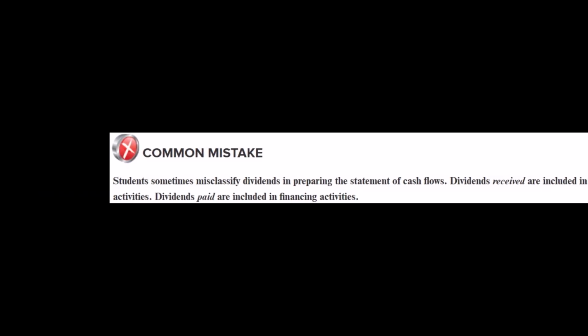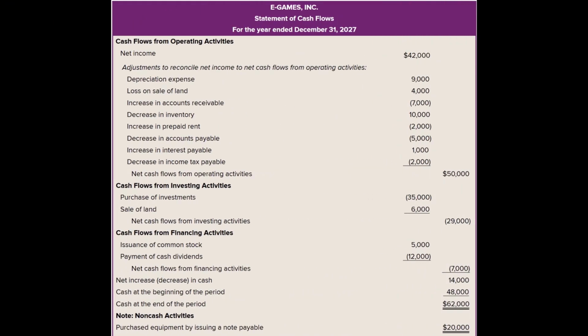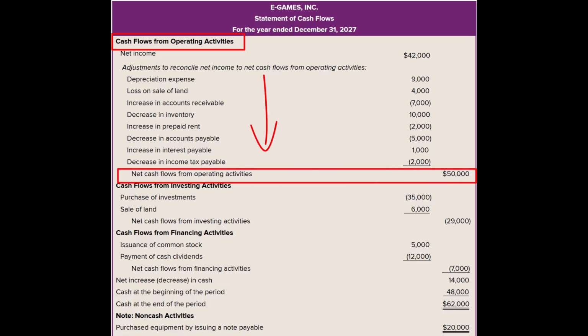Okay, let's see how this looks on a real statement. Here is the statement of cash flows for a company called eGames Incorporated. You can clearly see the three sections we just discussed. Under cash flows from operating activities, it starts with net income and makes several adjustments to get to the net cash flows from operating activities of $50,000.